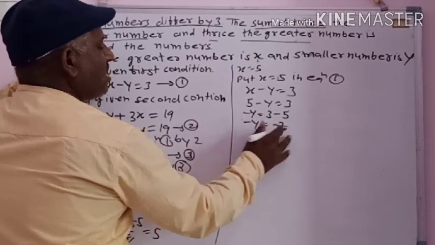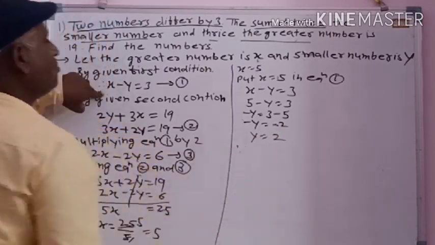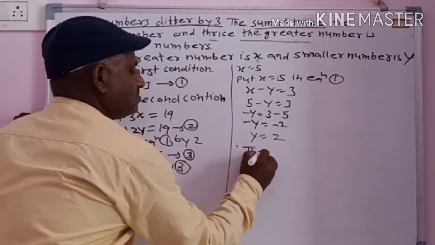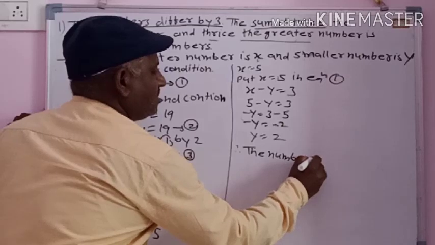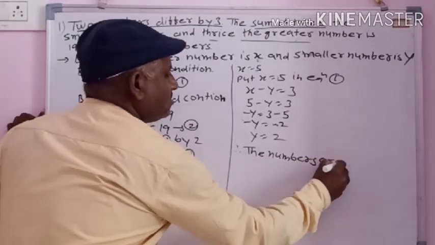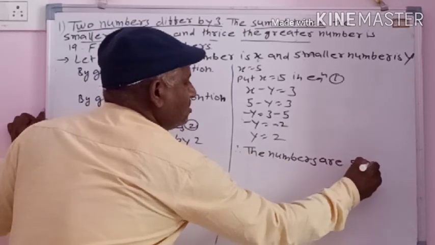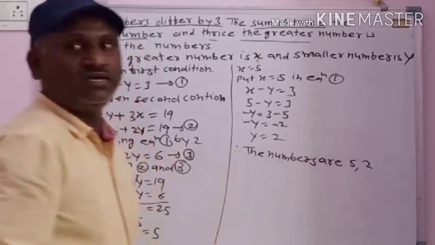Both signs are minus, therefore y is equal to 2. Therefore the greater number is 5 and the smaller number is 2. The numbers are 5 and 2.